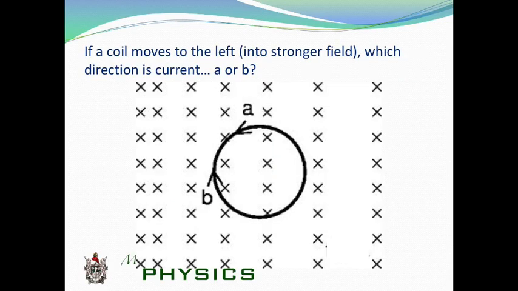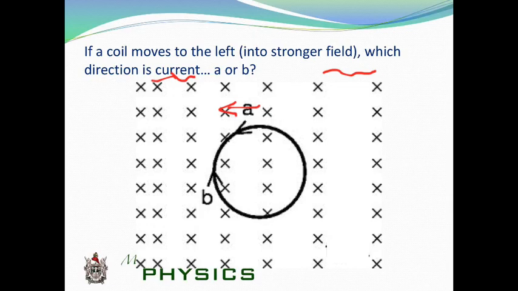All right, now we have a loop, and if you look at what's going on, a coil moves to the left. Do you see how these are spread out up here, but then they're close together over here? That means you're going from a less intense magnetic field into a more intense magnetic field. As you take this coil and move it to the left, what's happening inside the loop? You get a stronger magnetic field, or more flux.